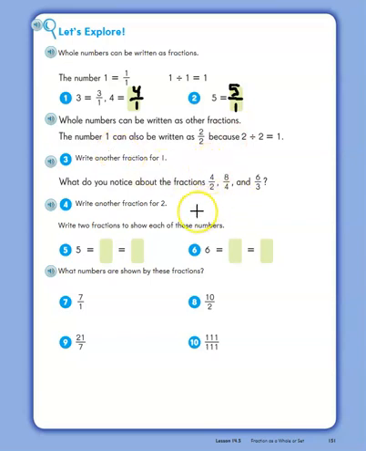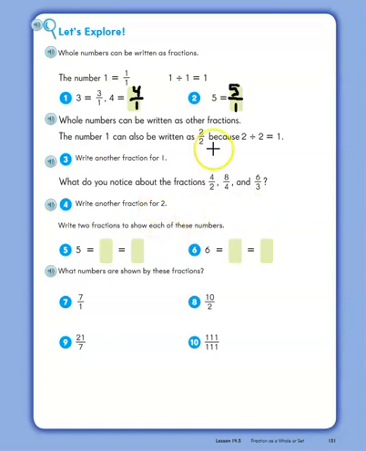Okay? We can also write the number 1 as 2 out of 2, because 2 divided by 2 is 1. And we can actually do that with any number. If you ever see a number where the numerator and the denominator are the same, then that would just equal 1, or the whole thing.